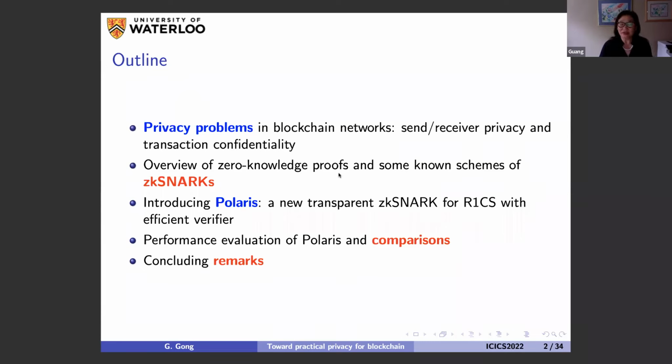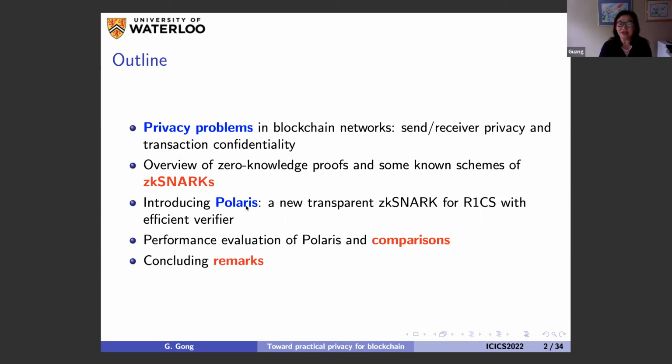So I will give an overview of zero knowledge proofs and introduce some known schemes called zkSNARKs. The zk stands for zero knowledge, and SNARK stands for succinct non-interactive argument of knowledge systems.